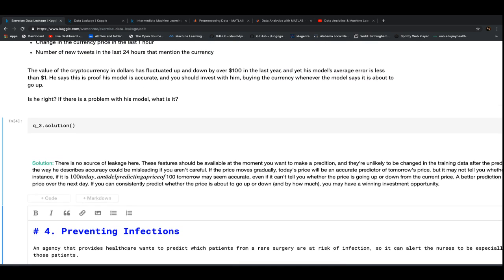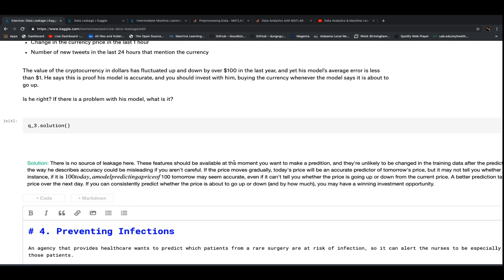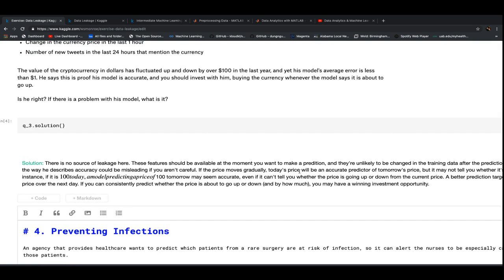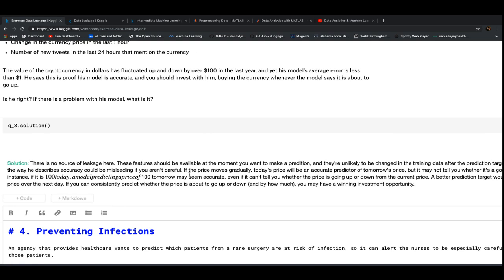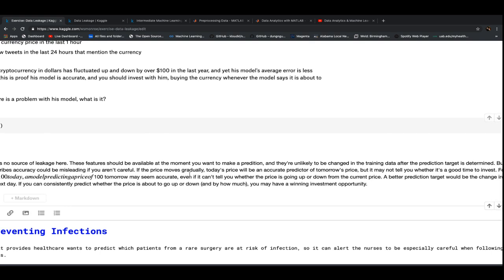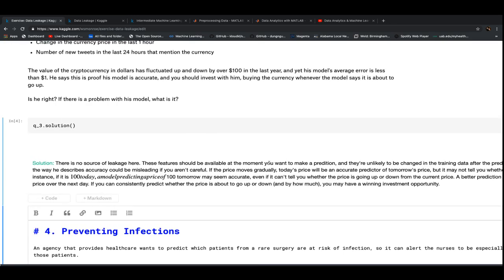All right, so solution: there is no source of leakage. These features should be available at the moment you make the prediction, and they're unlikely to be changed in the training data, but the way he describes accuracy could be misleading if you aren't careful. If the price moves gradually, today's price will be an accurate predictor of tomorrow's price, but it may not tell you if it's a good time to invest.